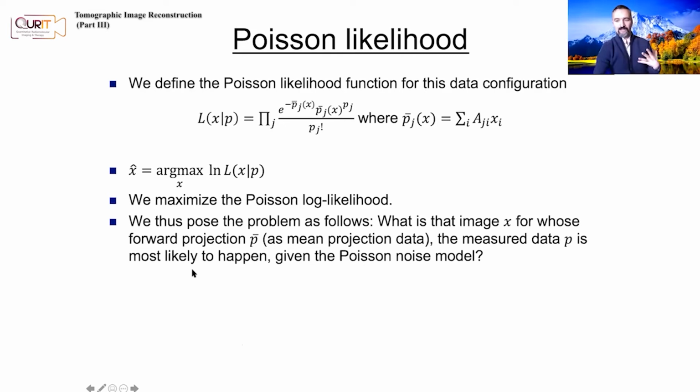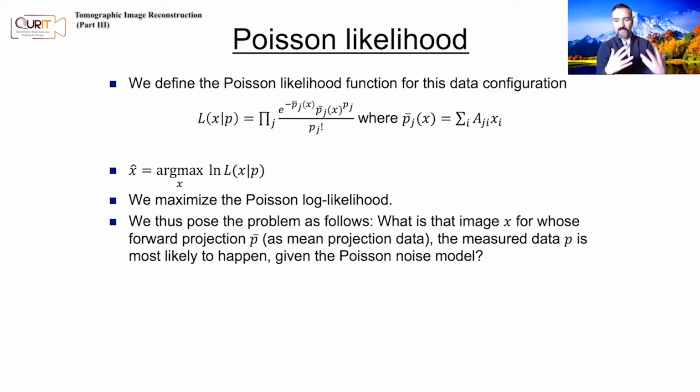Okay, so this sounds weird, but just hang in there. What is that X? Given what I've measured, what is that X value? What is that object whose forward projection, if I assume this is its forward projection, for that forward projection, the measured data set has the highest chance of happening?